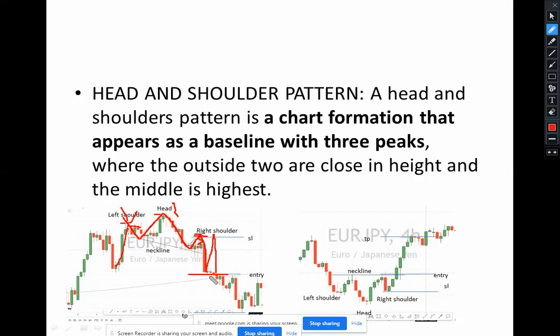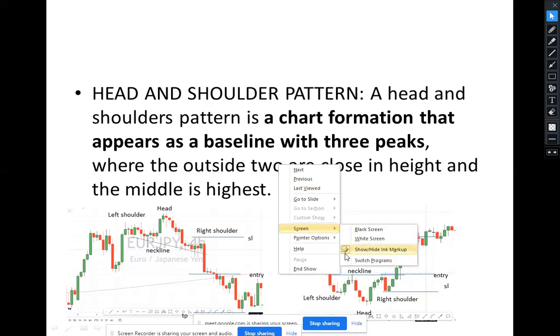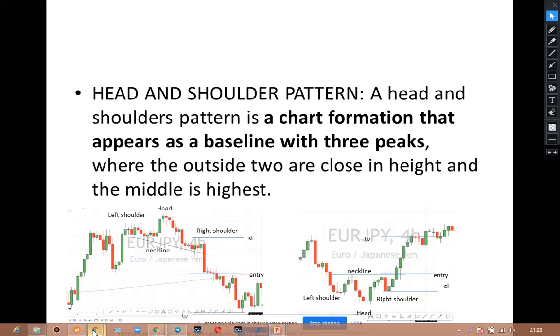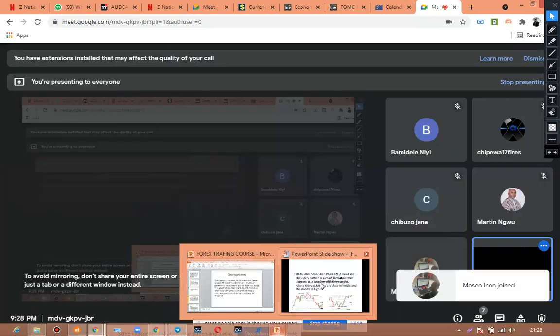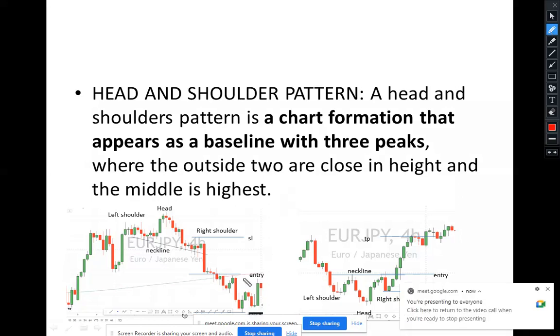If you have enough money on your balance, you can place your stop loss here. The reason why we don't use a tight stop loss in this kind of situation is that most of the time before the market could move into our direction, it might decide to once again visit the breakout level, maybe still consolidating.